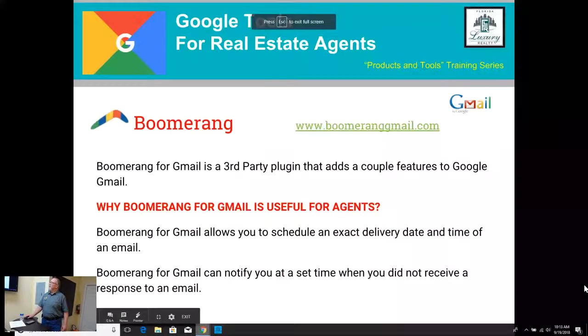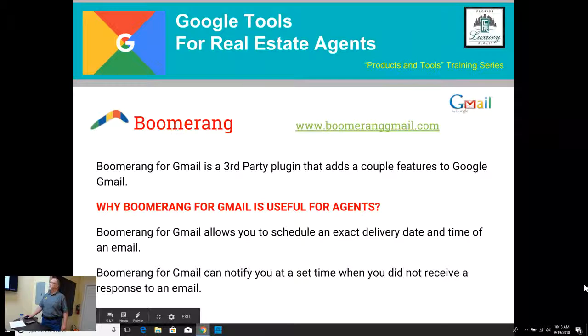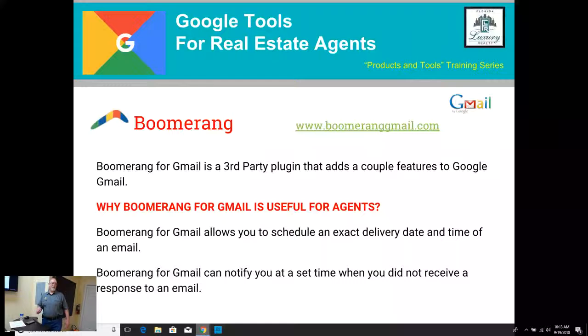Google Boomerang. Boomerang for Gmail is a third-party plugin that adds a couple of features to Google Gmail. While Boomerang is useful for agents, Boomerang for Gmail allows you to schedule an exact delivery date and time of an email. It means if you want to write an email but you don't want to send it out till tomorrow, you can set the date and time that that email is sent.